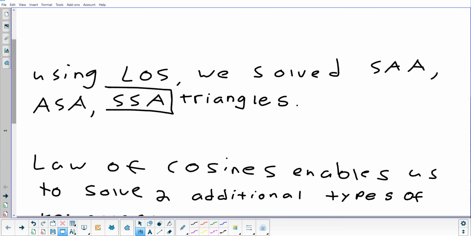This is the only time, when I just put a box around, that you have to check for 2 solutions. You will not have any 2 solution problems in this section. No solution? Yes. With law of cosines, no solution is possible. But that's a lot easier to deal with than 2 solutions. Okay, so you'll never have to worry about 2.